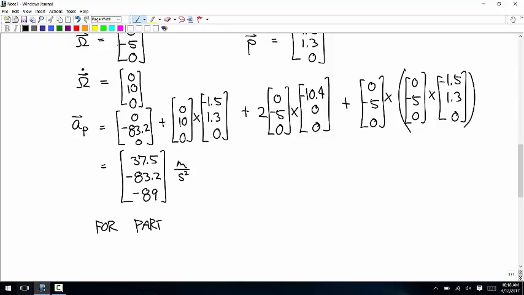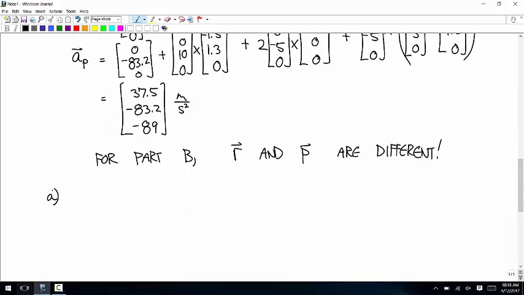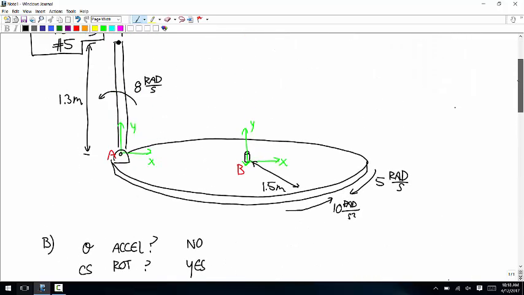For part B, R and P are different. Okay, so now part A. Is the origin... okay, so now we're done with this coordinate system at B, we're moving over to this coordinate system at A. The fixed point in this problem is B. Nothing else is fixed.